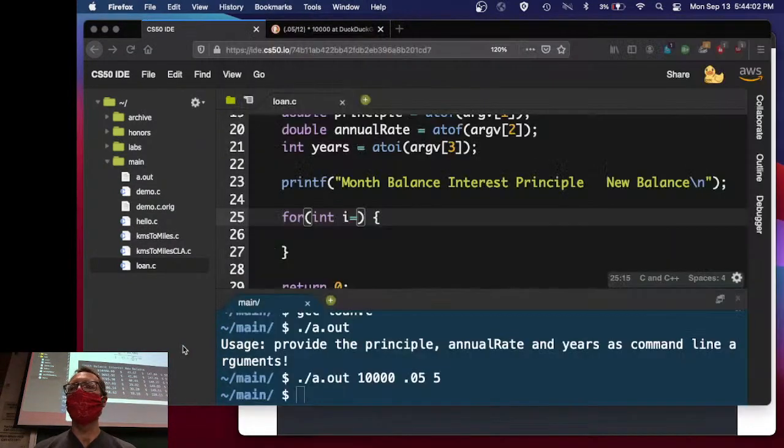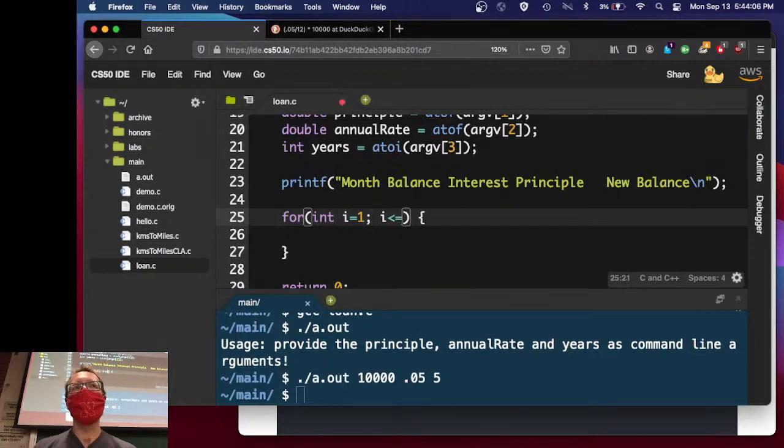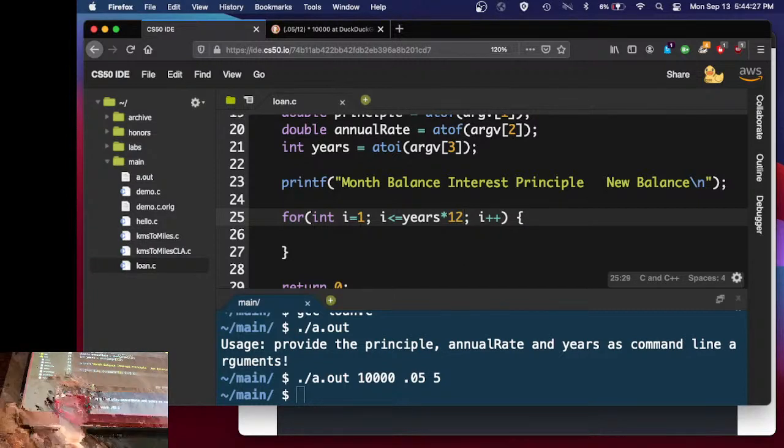Maybe 1. i is less than or equal to the number of years. i plus plus. No? All right, suggestions on fixing that? This is only going to go 5 iterations instead of the 60 that I want. Right? So years times 12. What I could do is put that into another variable, months, if I wanted to. Or I could just go ahead and put it right here.